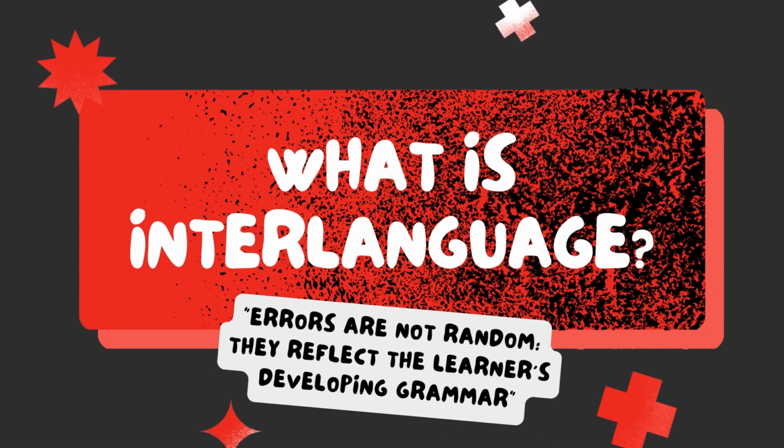So, what is interlanguage? This describes the extensive trial and error process that learners go through to slowly succeed in approximating the language systems used by native speakers. Interlanguage lies between the learner's first language and the language being learned.